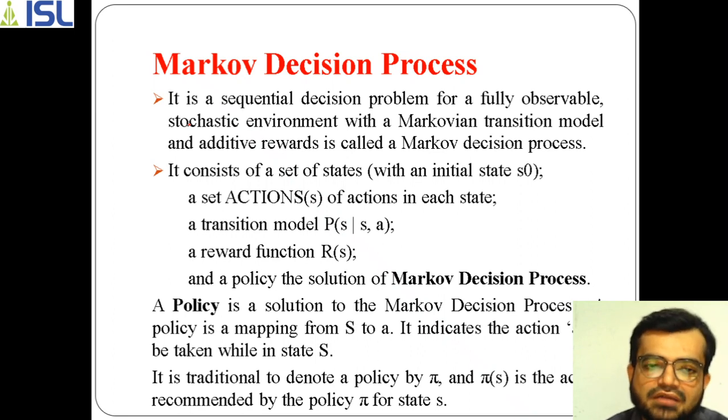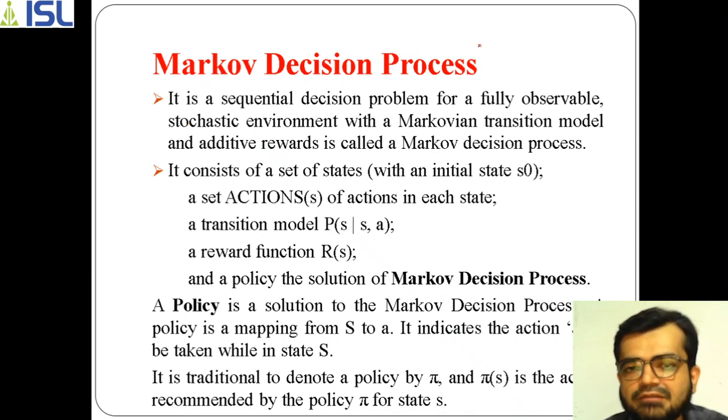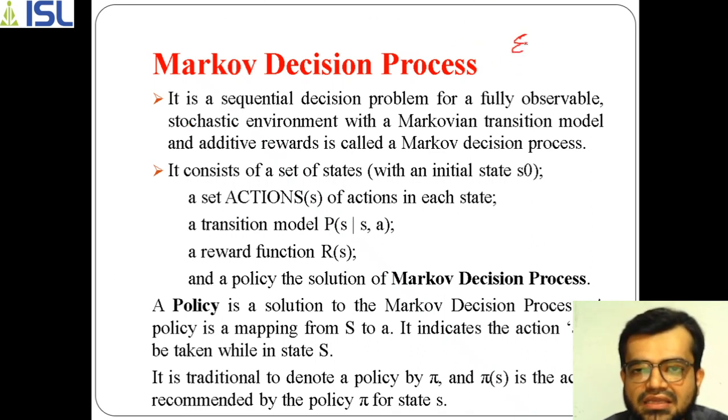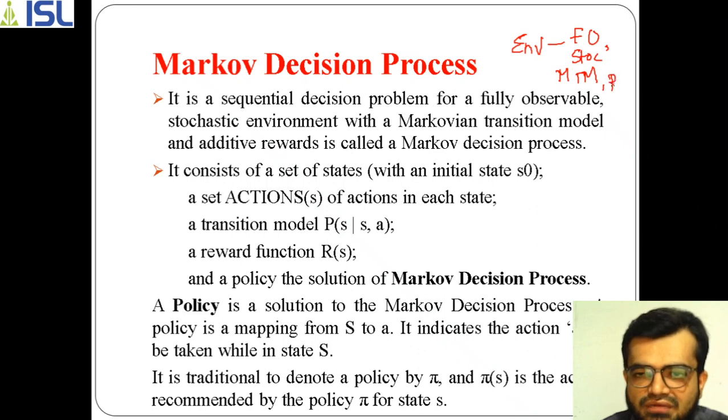So MDP refers to taking an environment which is fully observable, which is stochastic, by using the Markovian transition model, and at the same time using a reward system. All together this forms the Markov decision process.